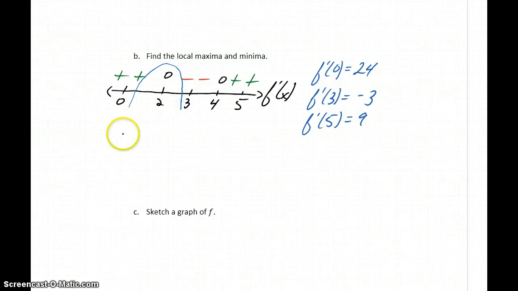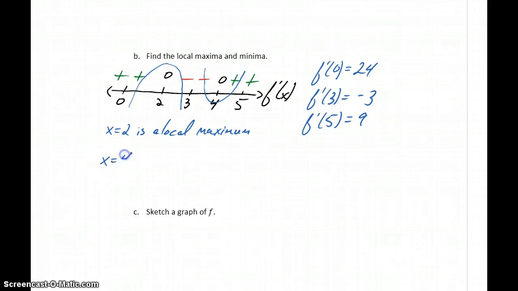So that gives us a local maximum. And at x equals 4, we have a function that's decreasing. We hit x equals 4 and it changes to increasing, which means x equals 4 is a local minimum.